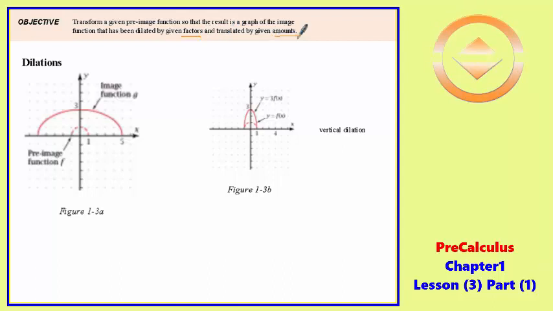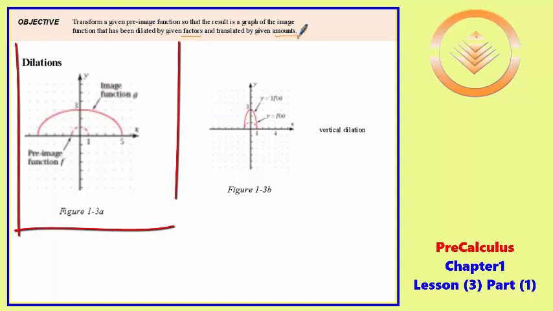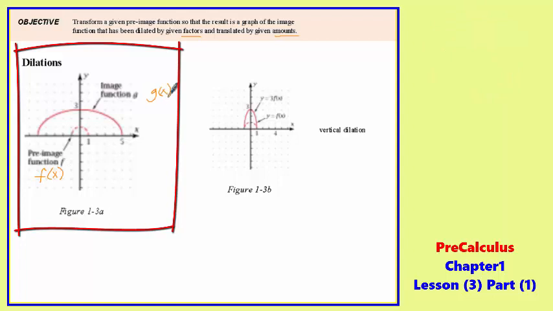So it is shifted, moved by a certain amount, and dilated by a given factor. So first we have dilations. Now as you can see, this pre-image function f of x here, and a given g of x, which is an image function of f of x.